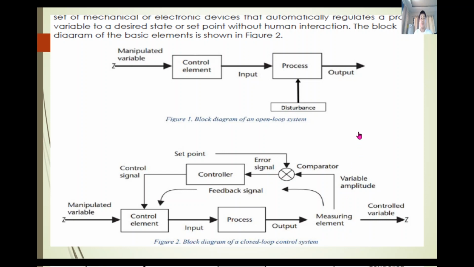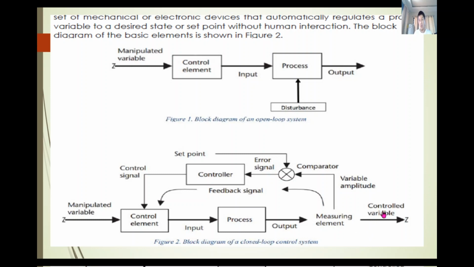So that also, the controller sends signal to the control element, and then it processes again, and this should maintain here the output of 80 degrees Celsius, which is your set point of the desired output. So this is a closed loop control system.